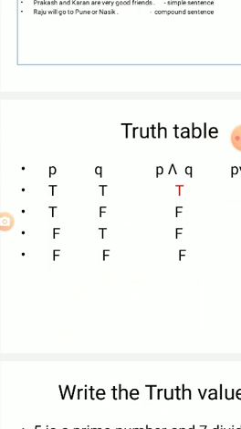So we have three columns. In the first column, we write truth values of P. In the second column, we write truth values of Q. And the third column denotes truth values of P and Q. So four possibilities, and therefore there are four rows. Be careful when you write the values.